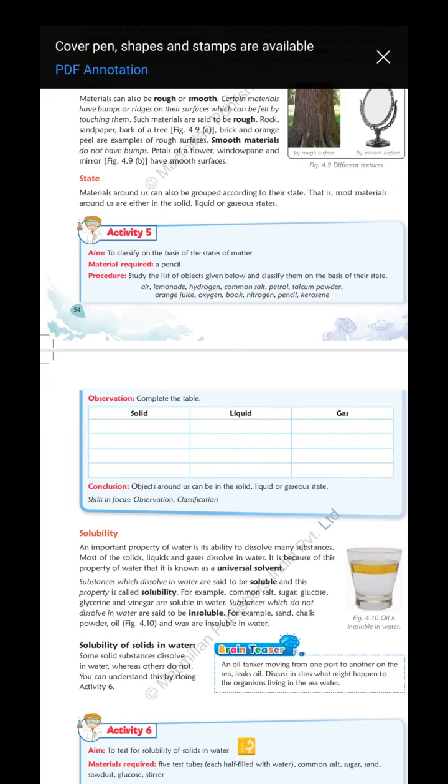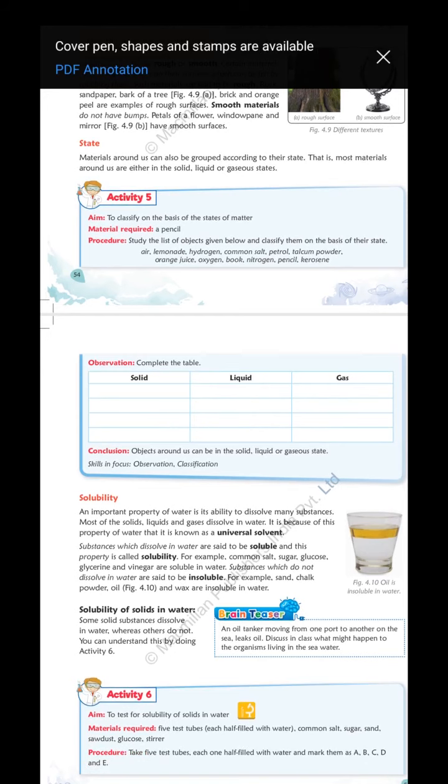Common salt, solid. Petrol, liquid. Talcum powder, solid. Orange juice, liquid. Oxygen, gas. Book, solid. Nitrogen, gas. Pencil, solid. Kerosene, liquid. Can you separate in this manner? From the given objects, read all these questions. From activities also, sometimes questions will be there.